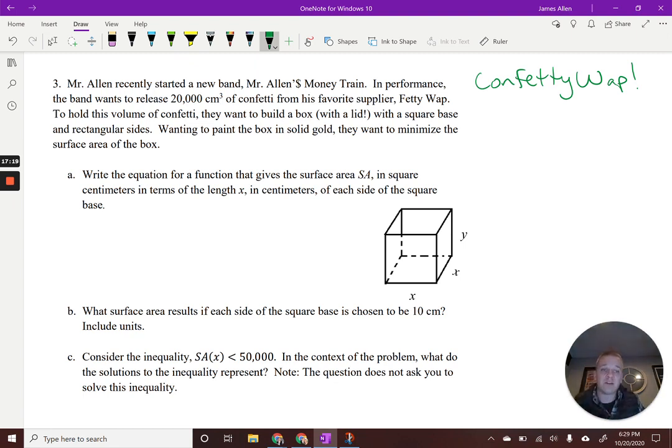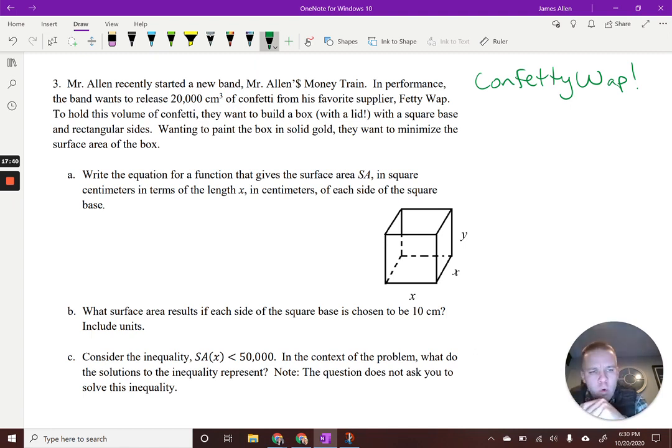Solid gold, not gold paint. We're using actual gold here, so we got to keep costs down, you know? All right, write the equation for a function that gives the surface area, SA, in square centimeters in terms of the length, x, in centimeters, of each side of the square base.